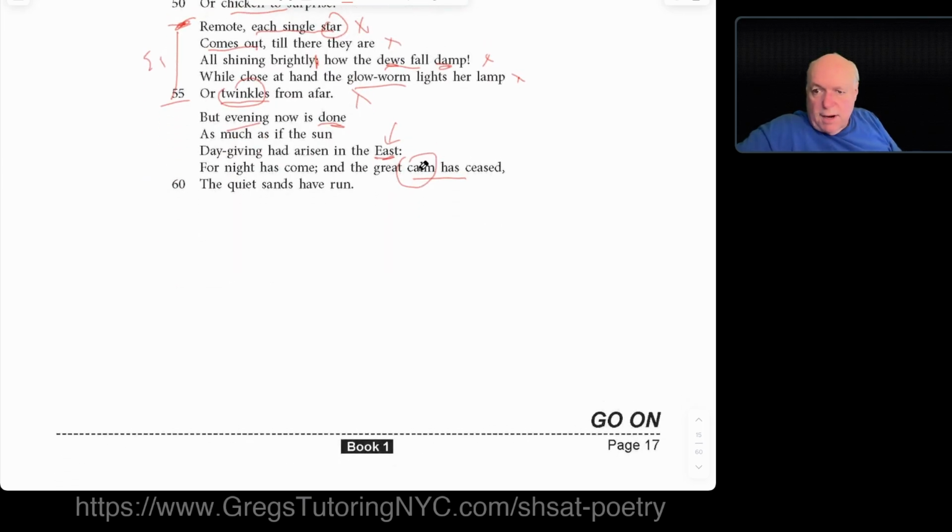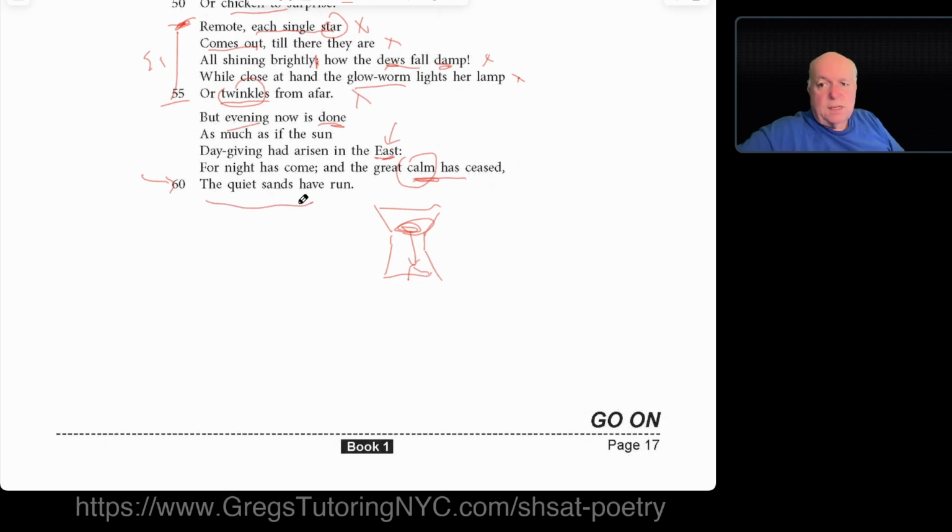That the great calm has ceased. That means kind of the night's over. Okay, and the quiet sands have run. All right, so this is really pushing it. It sounds like to me, could be wrong, there's an hourglass filled with sand, and the sand has trickled down.